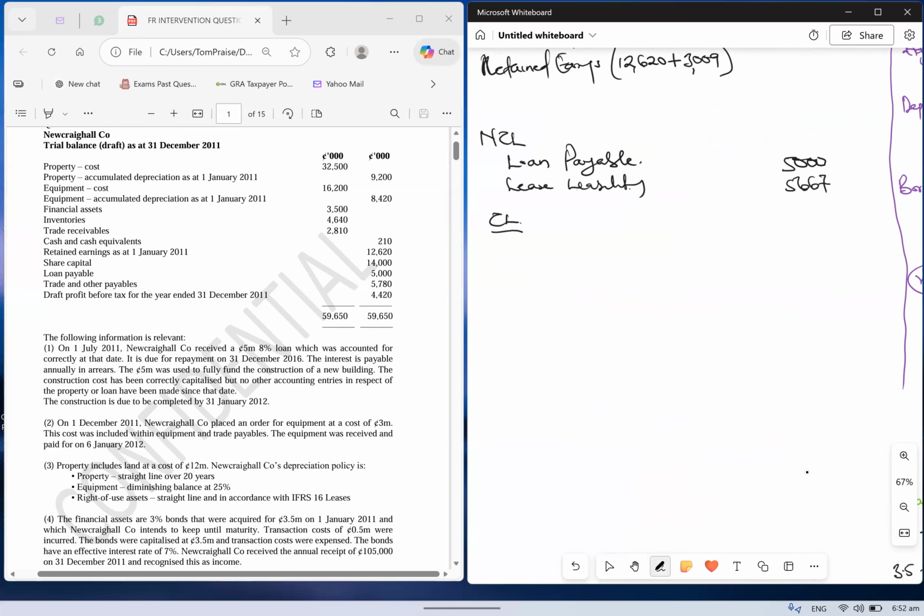Then CL, of course, you have trade payables. They included some money in the trade payables that shouldn't have been added. We worked on that. So how much is that one?